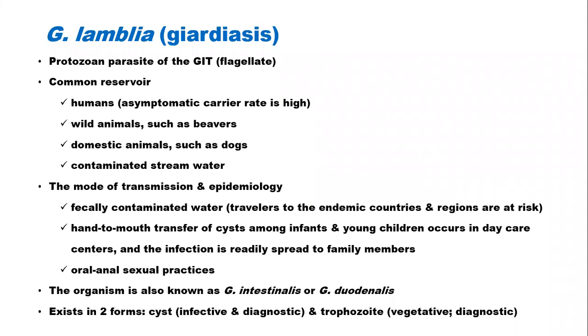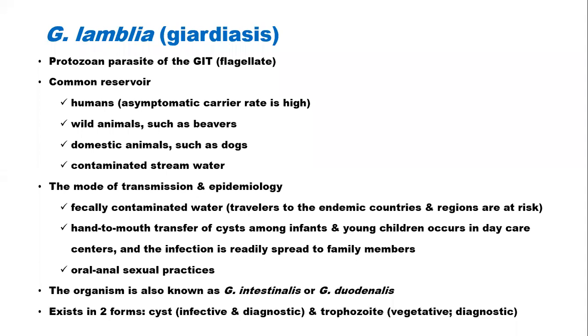Then for baby handlers working with infants, working with young children, you may have hand-to-mouth transfer of the cyst. This could occur when you have these minders changing diapers, when you have a patient who is not symptomatic but producing the cyst, and going on ahead without washing her hands to feed another baby.